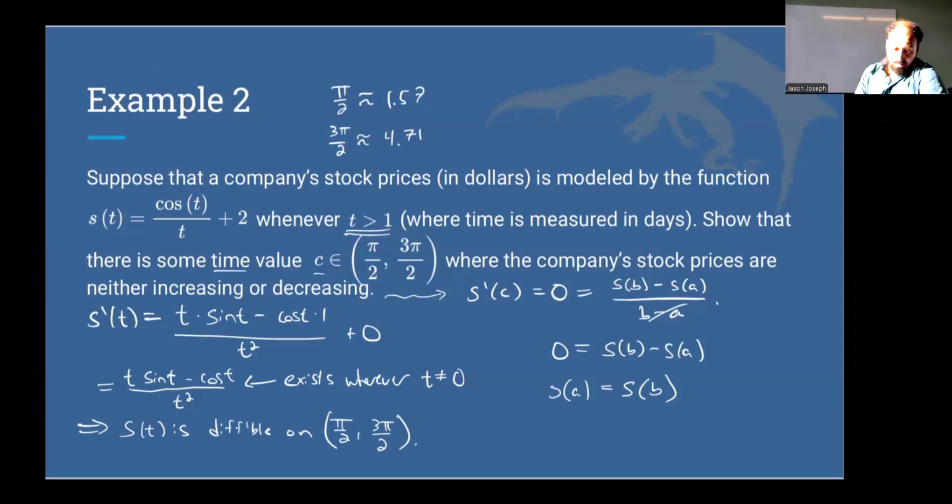Now, we said we should check that it's continuous from the right at pi over 2. Well, I'm going to be a little bit lazy and say this is even differentiable on 0 to infinity.